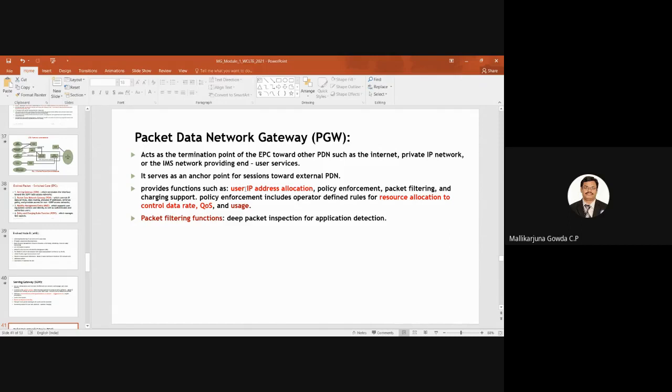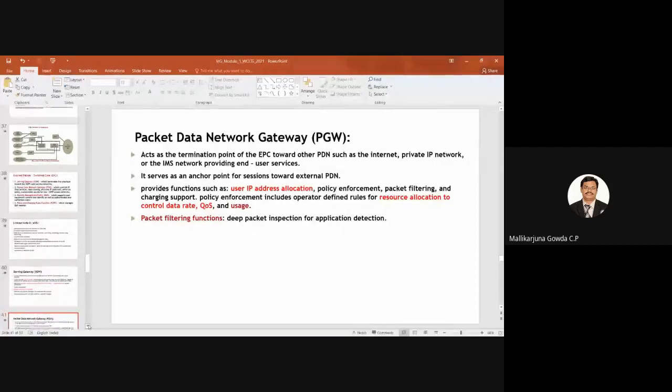It provides functions such as user IP address allocation, policy enforcement, packet filtering, and charging support. Policy enforcement includes operator defined rules for resource allocation to control data rate, quality of service and usage. Packet filtering functions as deep packet inspection for application detection. These are a few functions of the P gateway.